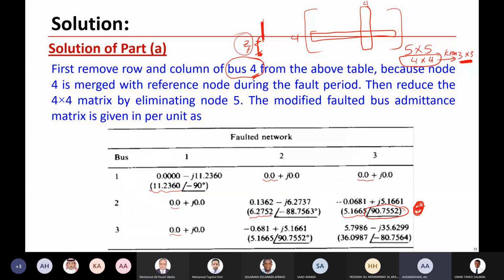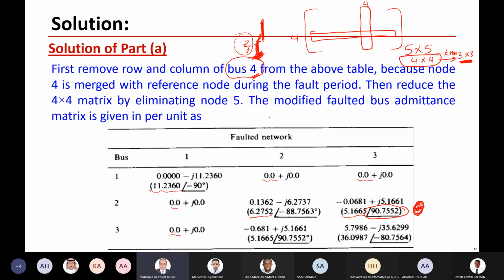Yes. Because here the step says that first remove row and column of bus 4. Oh yes, here the fault is a solid fault and bus number 4 is connected to the ground now, connected to the reference. Look here, we will not do this Kron reduction, by the way.